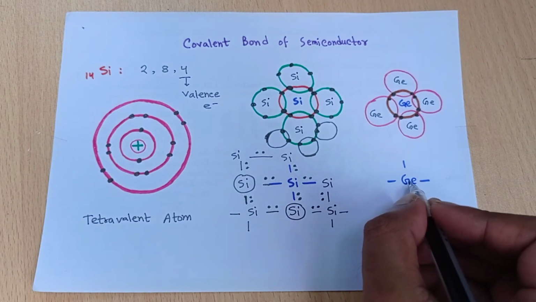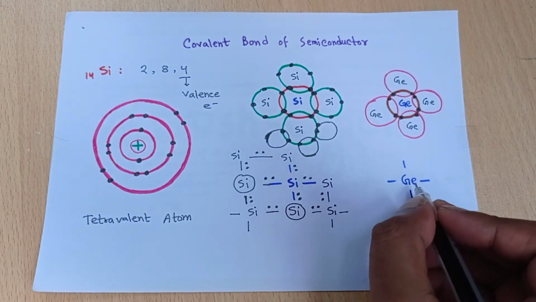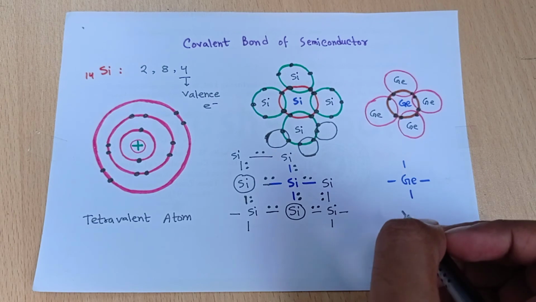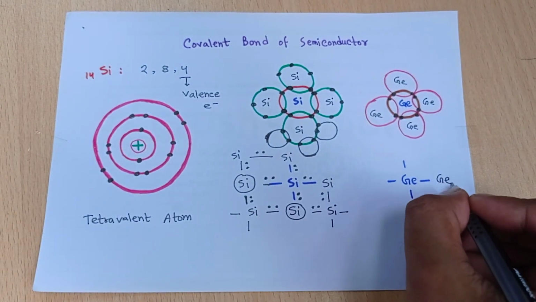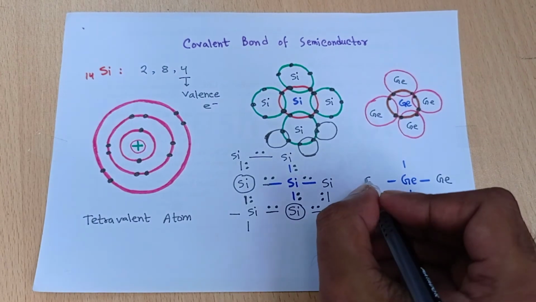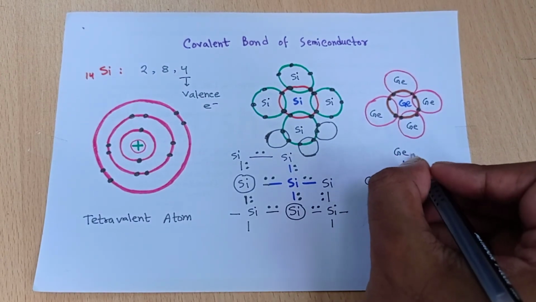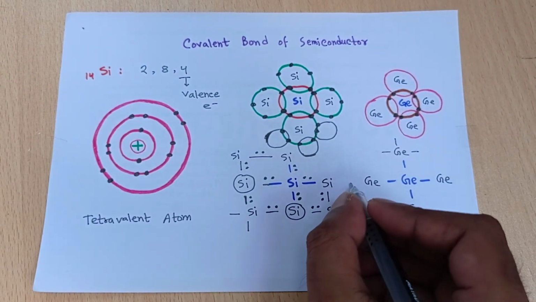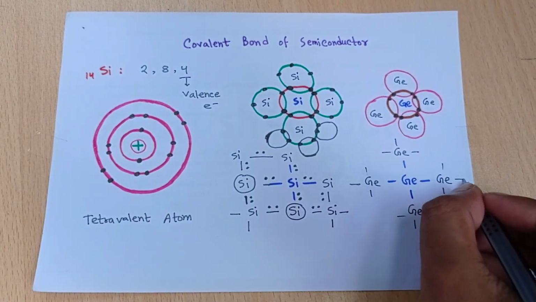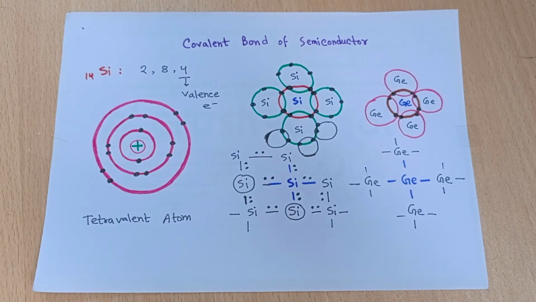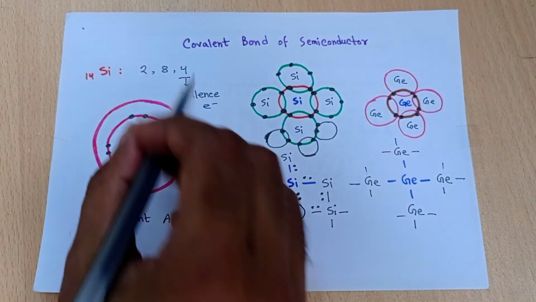Here the germanium is our central atom, and it contains 4 hands, as we call them, and each hand holds another germanium atom, and each of those germanium atoms also has 4 hands, and each of the hands can easily catch another germanium atom and share its outer shell electron to make the covalent bond.